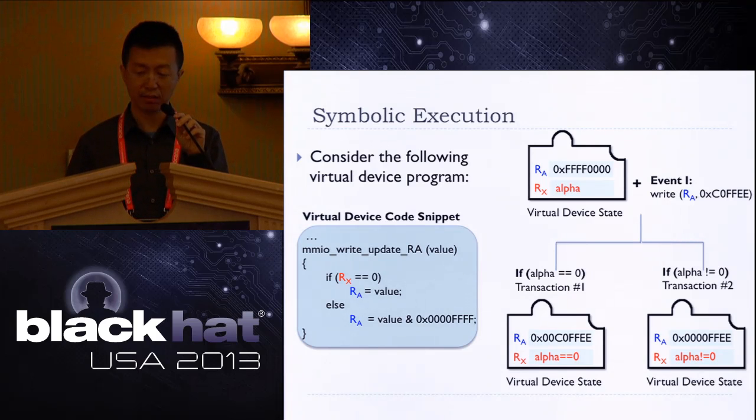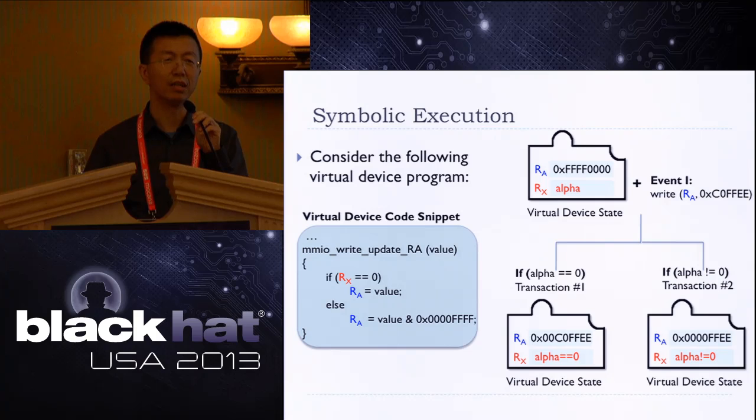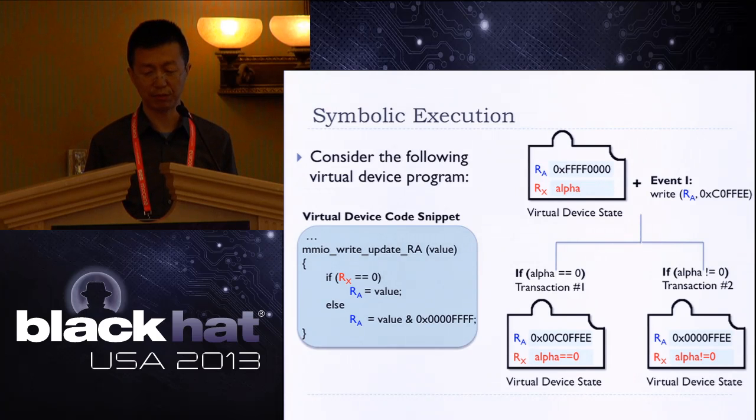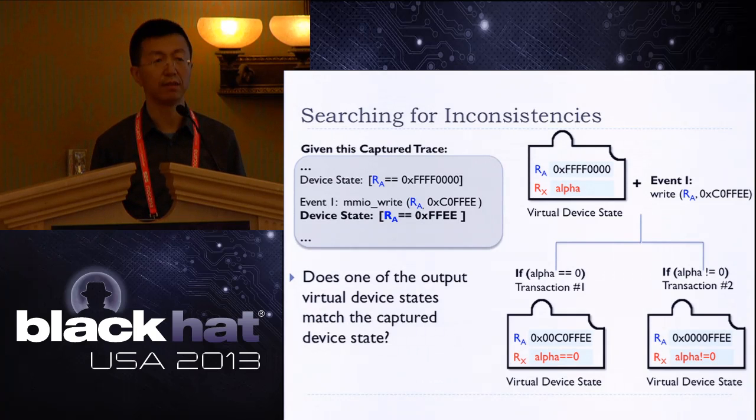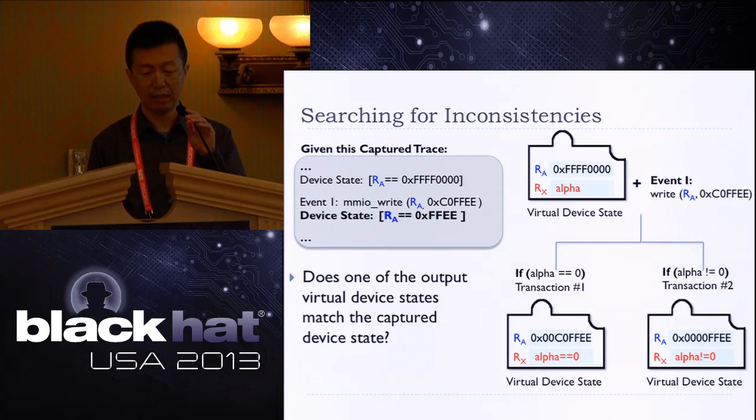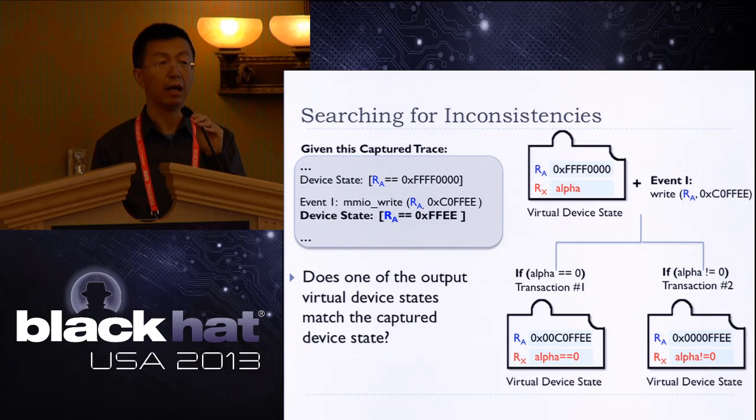Now, how does this affect your ability to compare virtual versus physical device? Well, you can still do some comparison. For example, assuming the top left corner is our trace capture, you notice the physical device on the observable part has RA equal to, let's say, FFE.